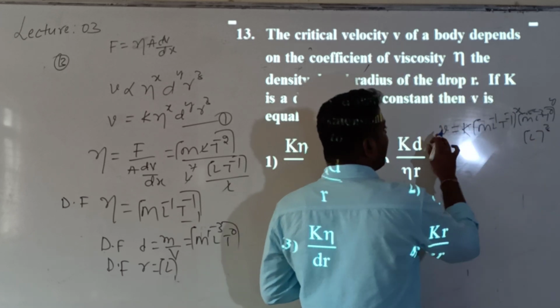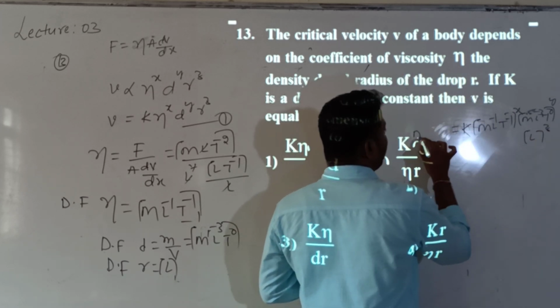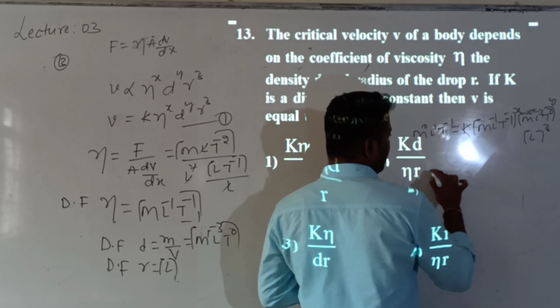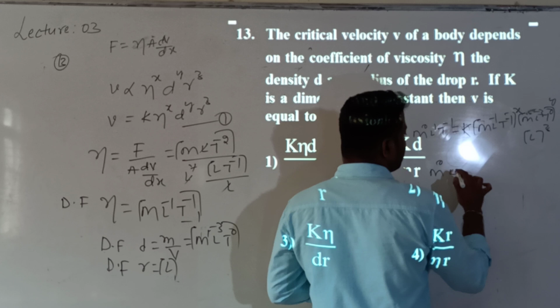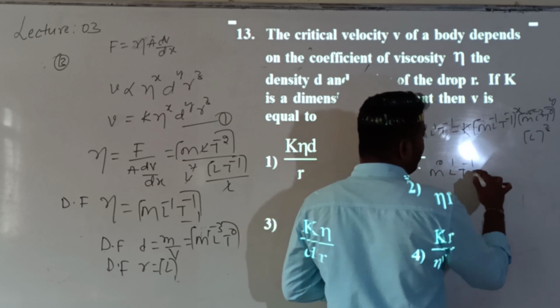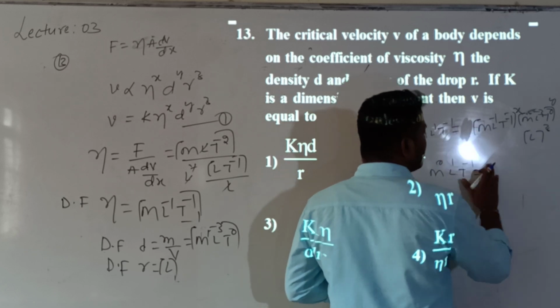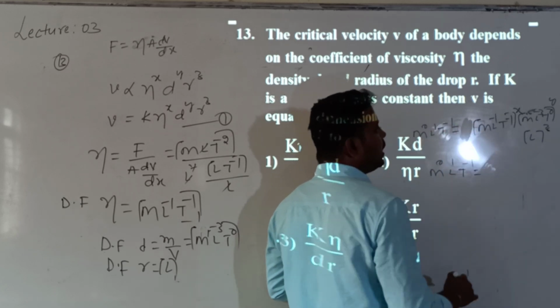Velocity dimensional formula is M^0 L^1 T^-1, equal to k, and when writing the dimensional formula, k is a dimensionless quantity.